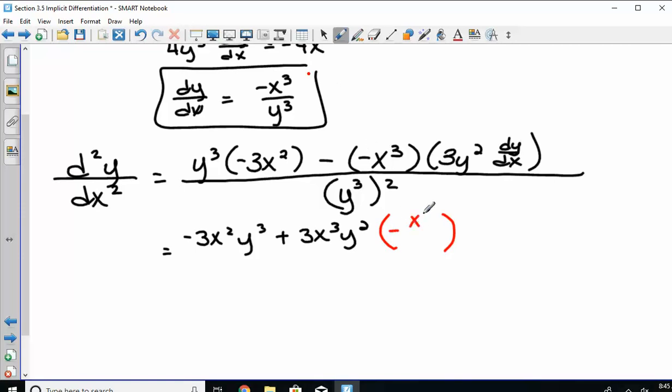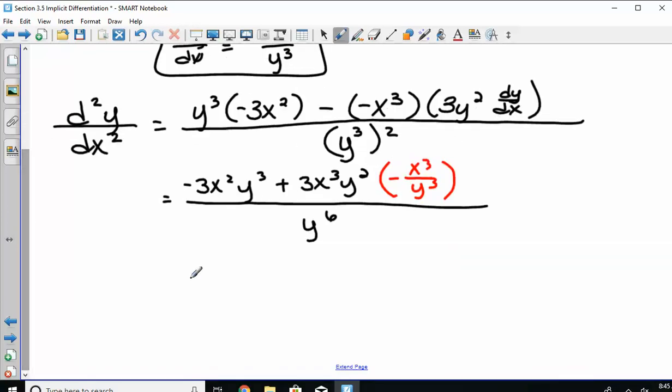Negative x cubed over y cubed from up here. Okay, so everybody see where I got that?